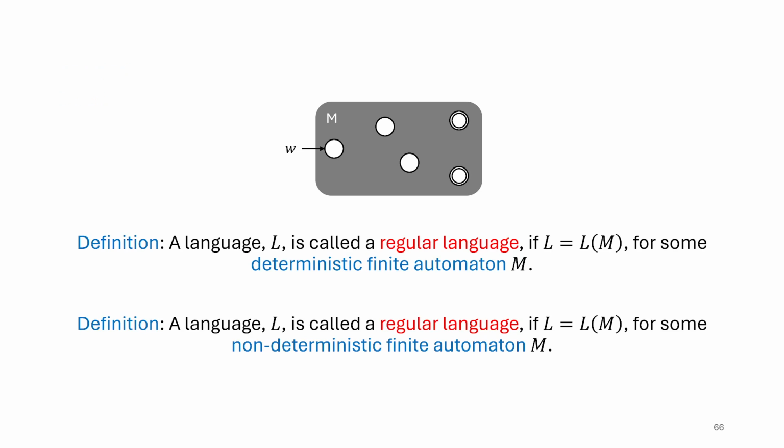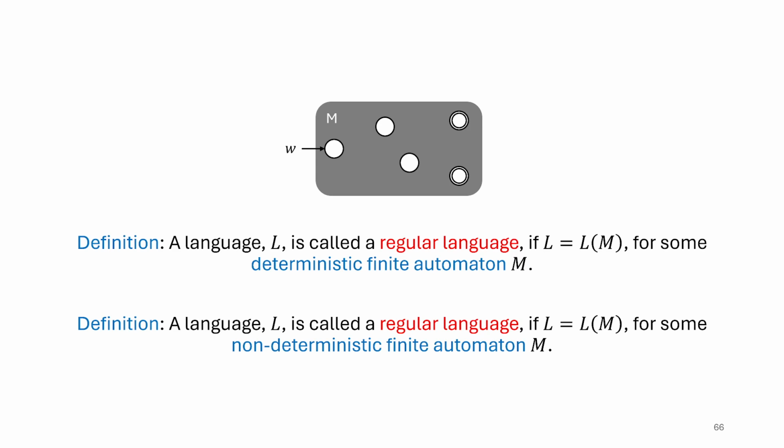Now, what that means is we can conclude this discussion with a redefinition, if you like, of the set of regular languages. So in an earlier video, we said a language L is called a regular language if it is equal to the language of some machine where that machine is a deterministic finite automata.